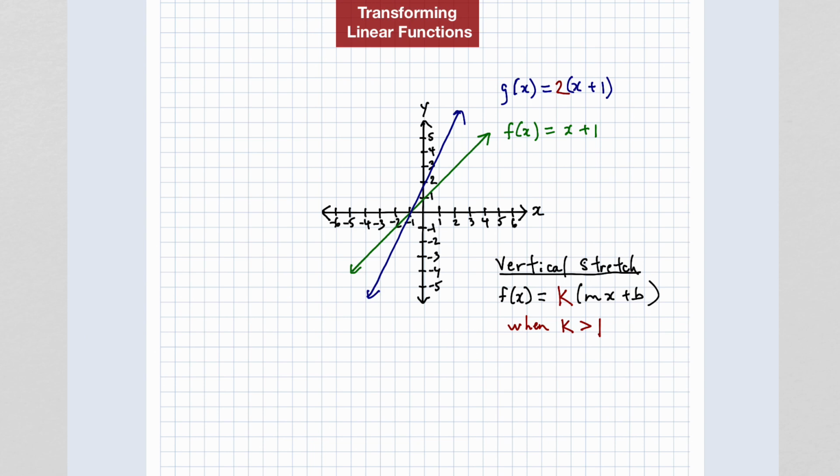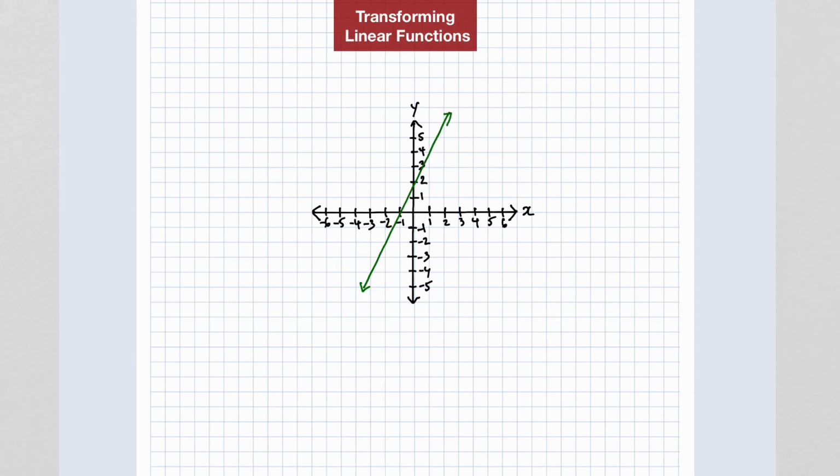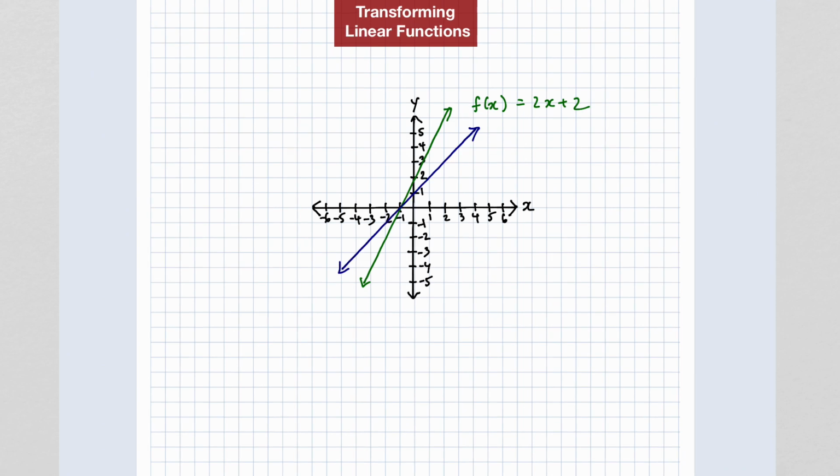Now, let's take a look when k is not greater than 1. So here we have the function f of x is equal to 2x plus 2. And now let's say we have the following line. And the equation of this line is g of x. And we're going to copy this whole thing.